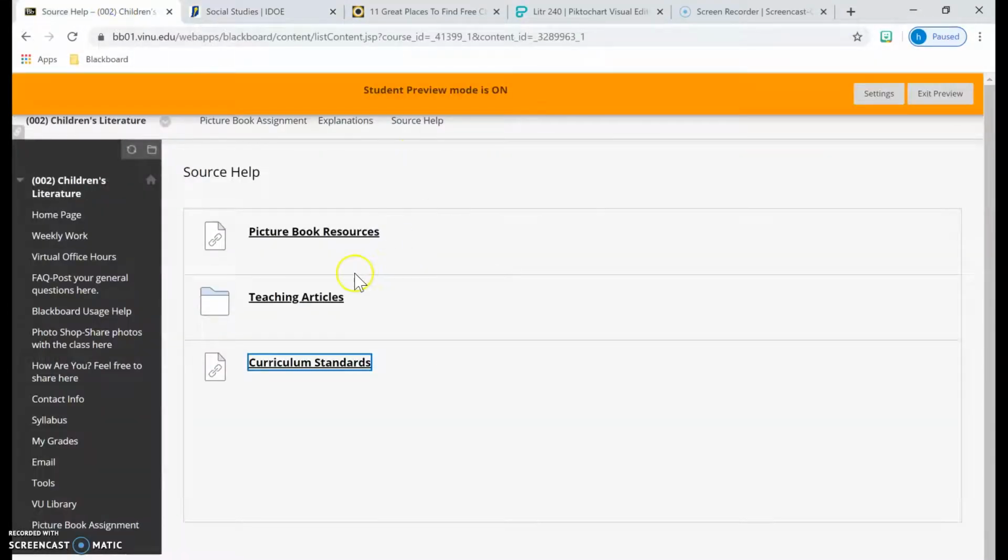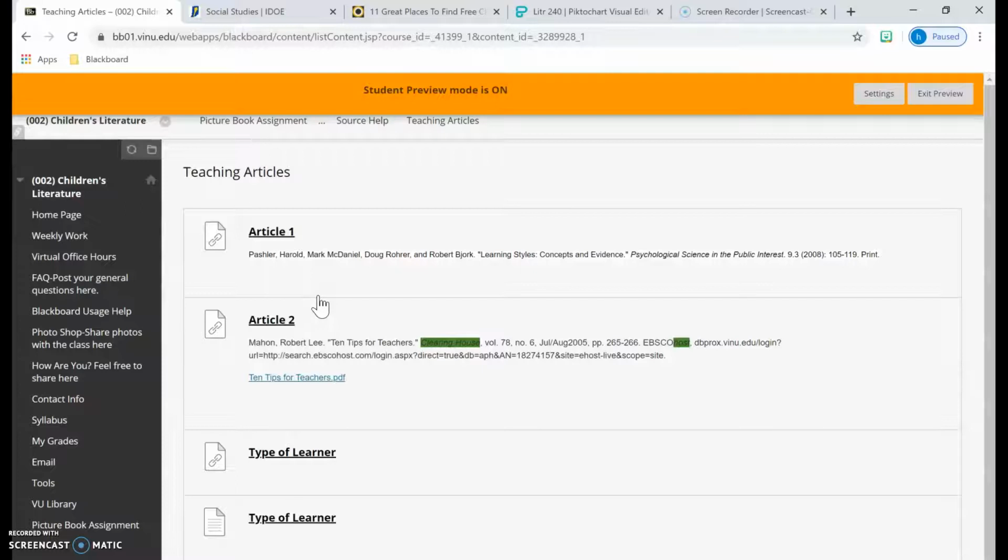And then we also have books. Whenever we talk about addressing a diverse group of learners, it's a good idea to, as we've talked about previously, address kinesthetic, auditory, and visual learners. There are articles about it.